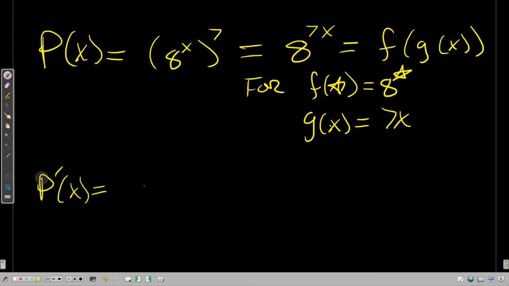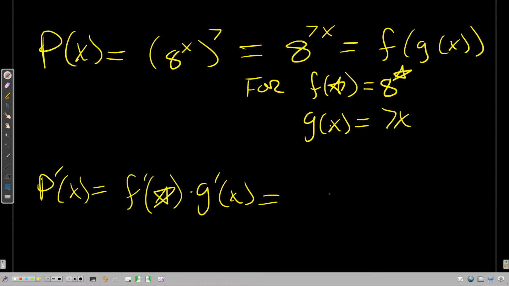Then P prime has got to be the product of two derivatives. Right? Where I'm going to replace the star with g of x. So I'd have 8 star natural log of 8 and then times 7, because that's g prime. And then I'll kind of backtrack here and replace my star with g of x, which is 7x.